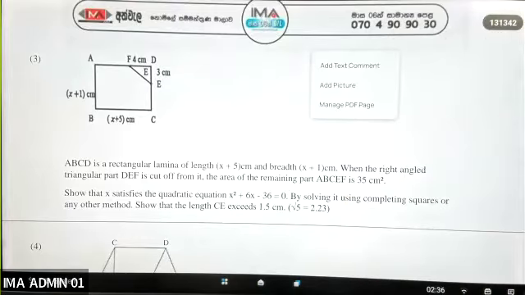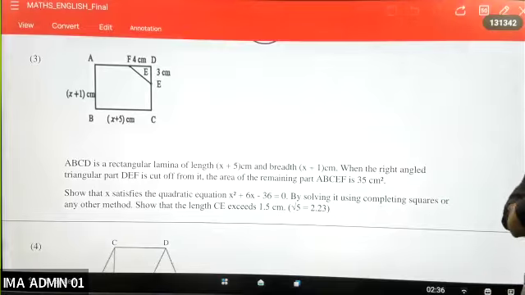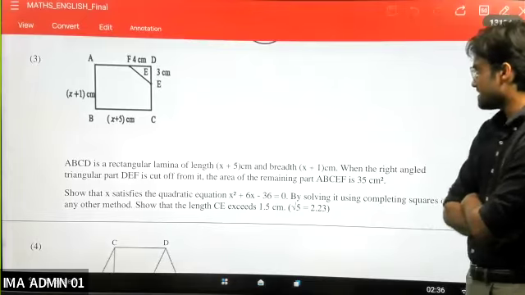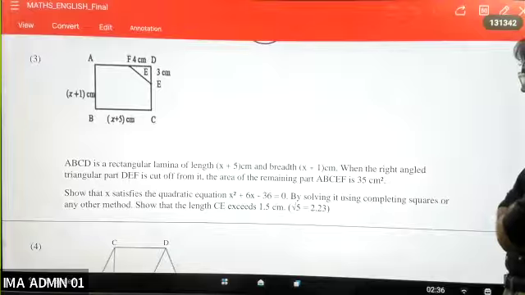ABCD is a rectangular lamina of length x plus 5 centimeters and breadth x plus 1 centimeters. When the right-angled triangle part DEF is cut off from it, the area of the remaining part ABCEF is 35 square centimeters.